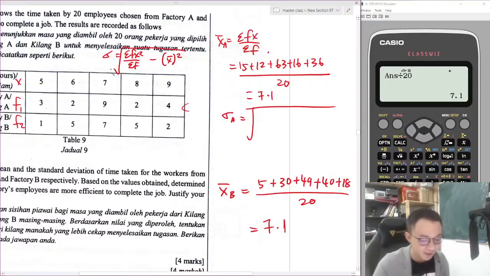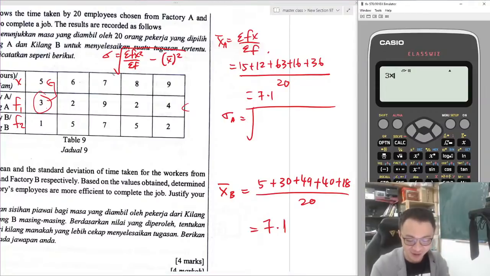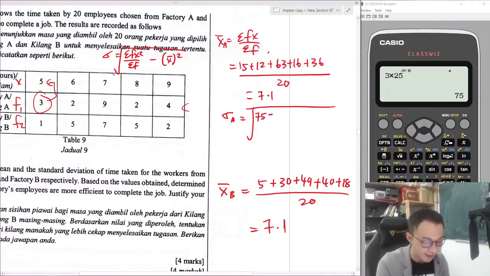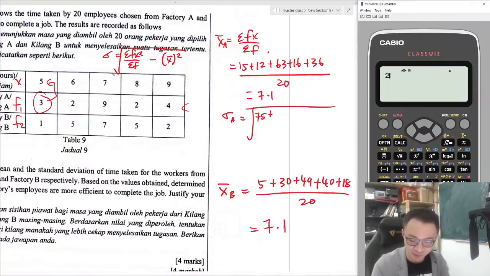Square root it. So 3 is f, multiply x squared, 25. You get the idea? Like 3 times 5 squared, so the first one is 75, plus 2 times 6 squared, so it's 72.